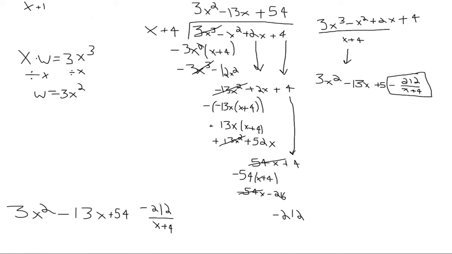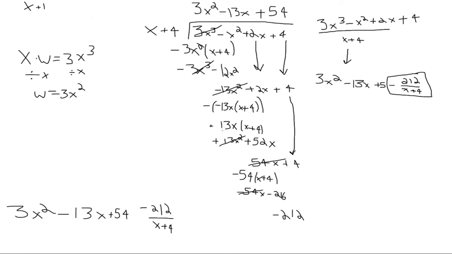But we did not find out how many x plus 4s were inside this negative 212. So our answer is going to be what we found out, plus minus 212 divided by x plus 4. Because minus 212 divided by x plus 4 is basically saying how many x plus 4s are inside minus 212. And because we can't solve that, we just have to write minus 212 divided by x plus 4 to represent whatever that number is, okay? All right, so that's why we do what we do with the remainder.